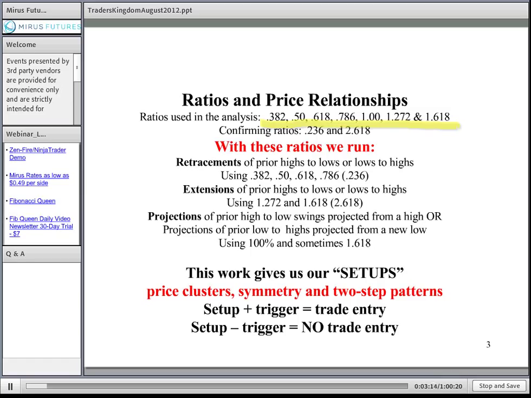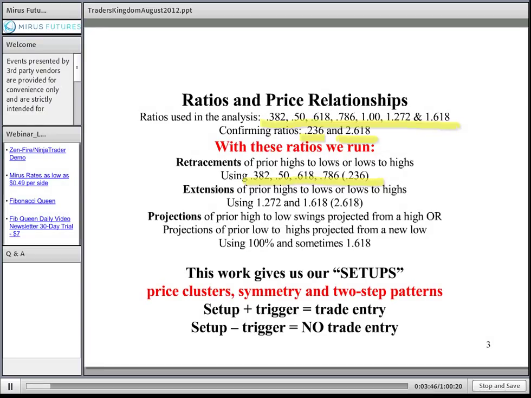For confirming ratios, I will run occasionally 236 if it's a really large swing, and 2.618, which I run mostly for my third target on any of the trade setups. Now with those ratios, I run retracements. For the retracements, I'm using this first set of ratios. That's where I'm going to measure a prior low to high swing or high to low swing and use these ratios to set up possible support or resistance.